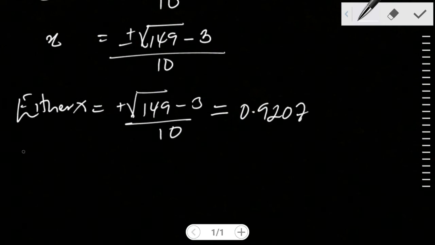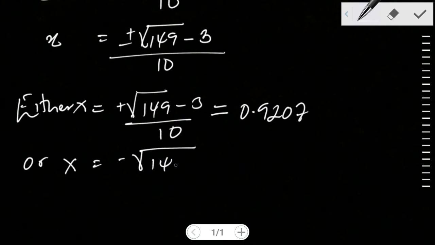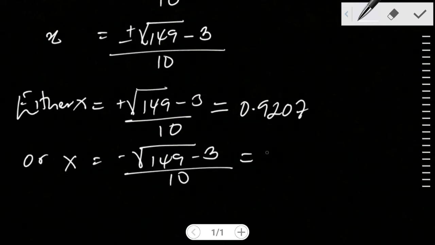Now for the or part, x would be equals to negative root of 149 minus 3 all over 10, and this would be negative 1.520 as the value of x.